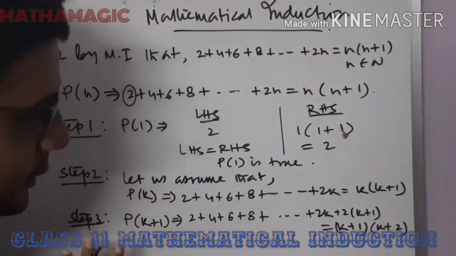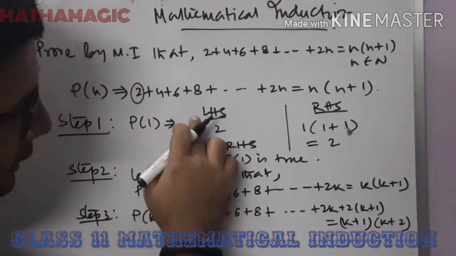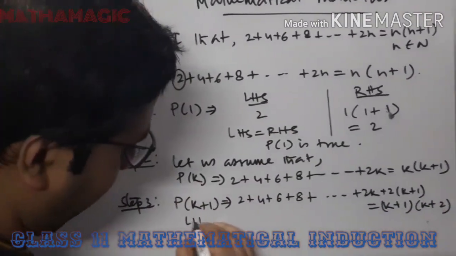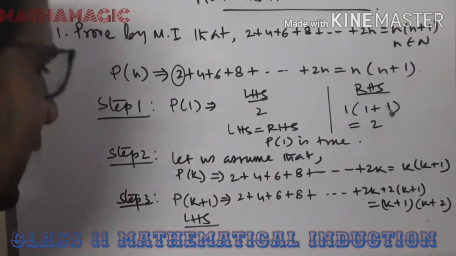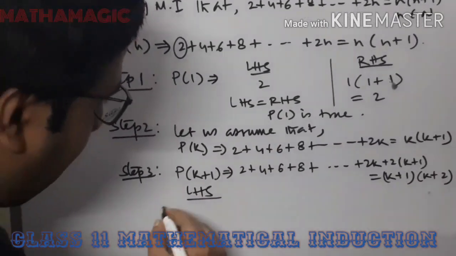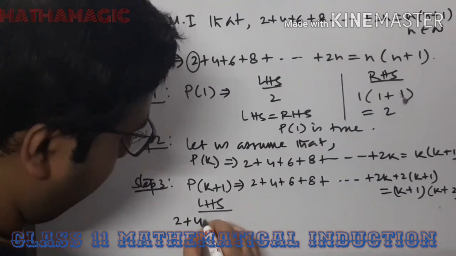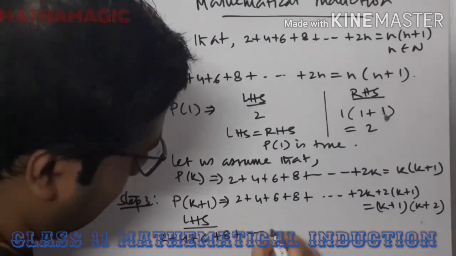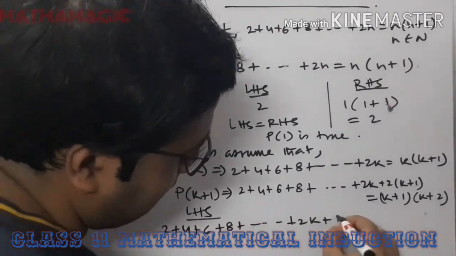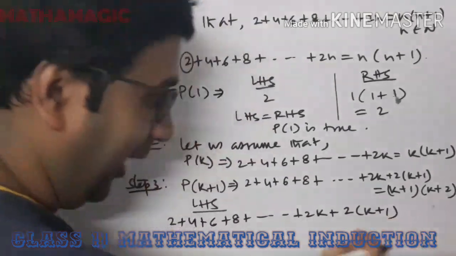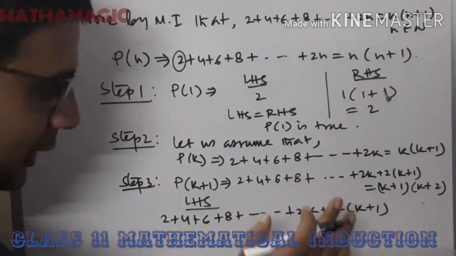Now we have to prove this one by taking the same as P of 1, that is LHS and RHS. From LHS we will definitely get RHS. So from LHS we have 2 plus 4 plus 6 plus 8 up to 2k plus 2 into k plus 1. You have to write this 2k.